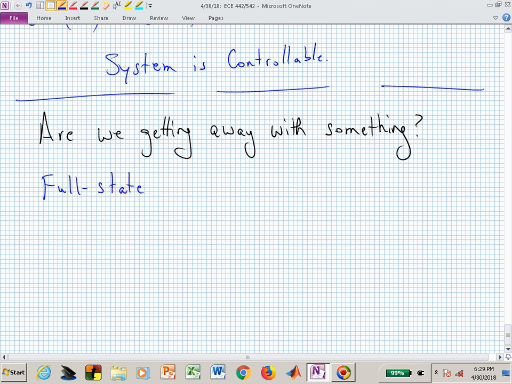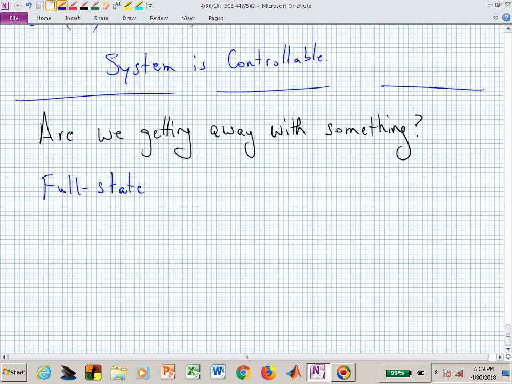Full state is different than what we had before. When we were doing the transform, we were assuming we could only measure the output and scale that or use that in our feedback. Now we're saying we can measure everything in our state vector and use that in our feedback strategy.